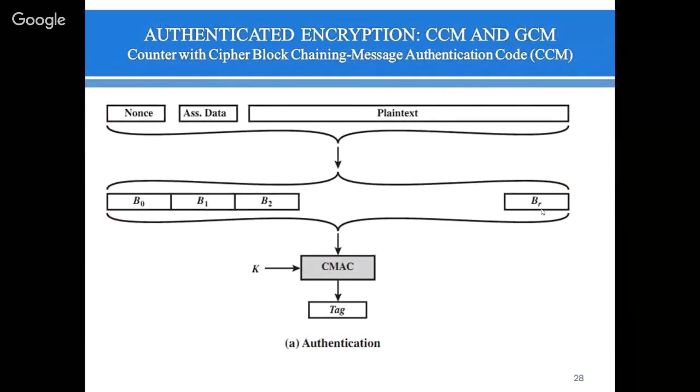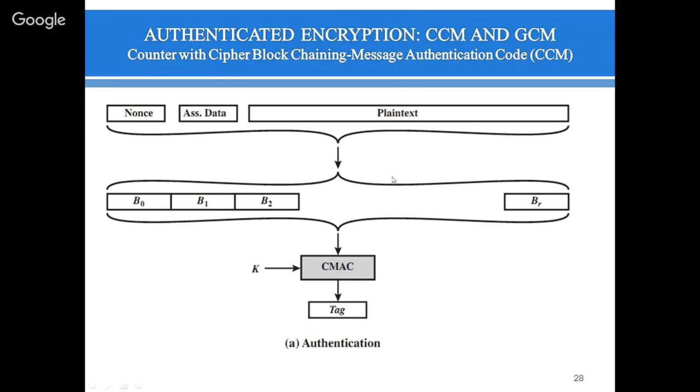So in the case of authentication, all these 3 pieces of information, the nonce, associated data, and plain text, are combined and divided into different block sizes. Each block is given to an encryption algorithm, that is the CMAC algorithm, with the key value, and you're going to produce a tag over here. This tag indicates that it is of the authorized person.